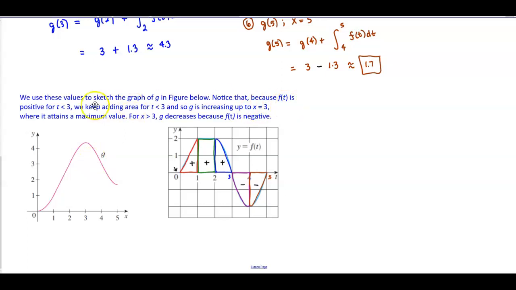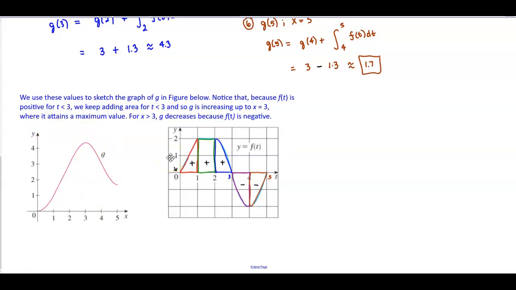Because f of t is positive for t less than 3, we keep adding area, so g starts at 0 and increases all the way until it gets to the value of 3, where it attains its maximum value.